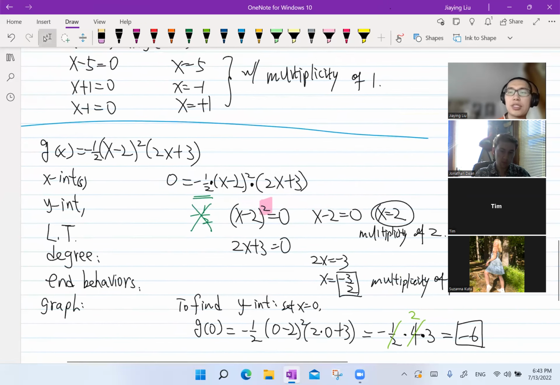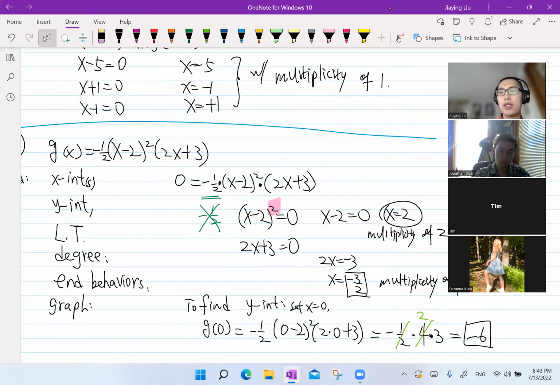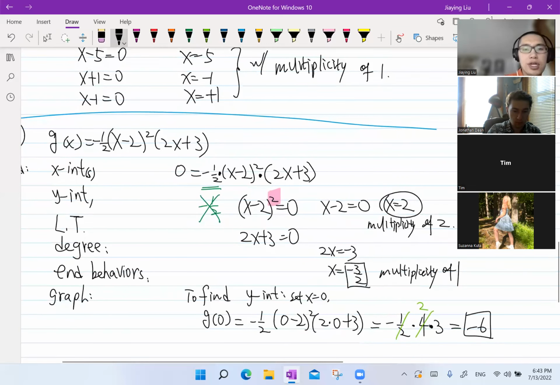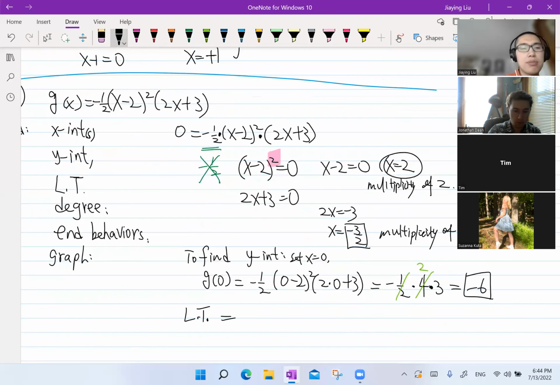That's a -6. And to find the leading term, if you remember from the previous lectures, there's one example where we find the leading term. What we do is take all the coefficients and all the x parts and multiply them together along with the exponents the x parts have.